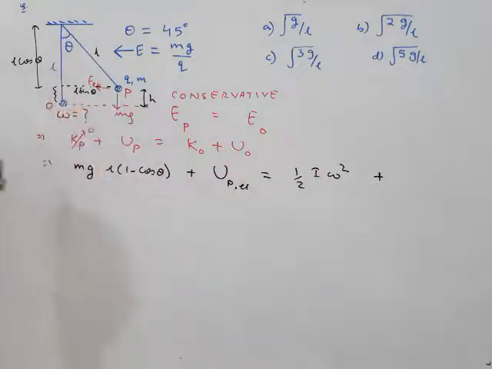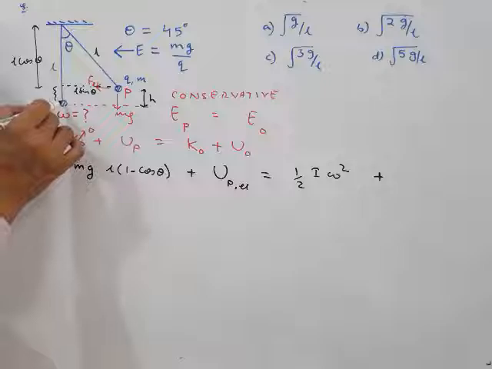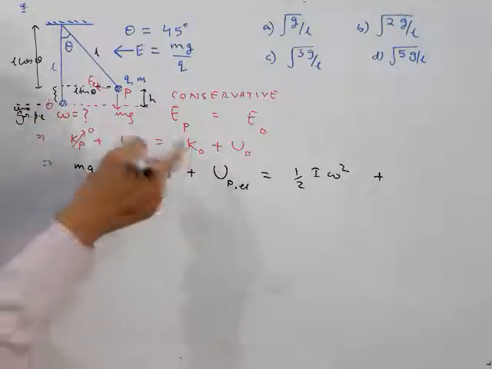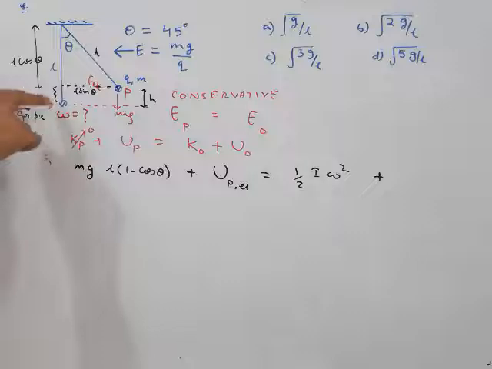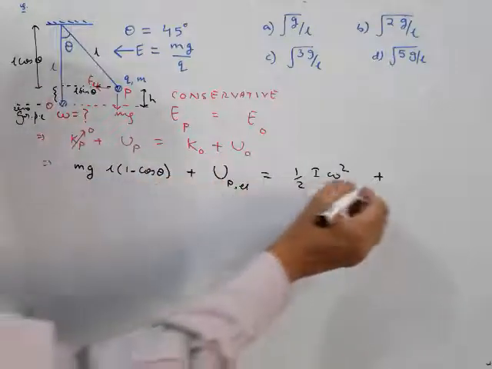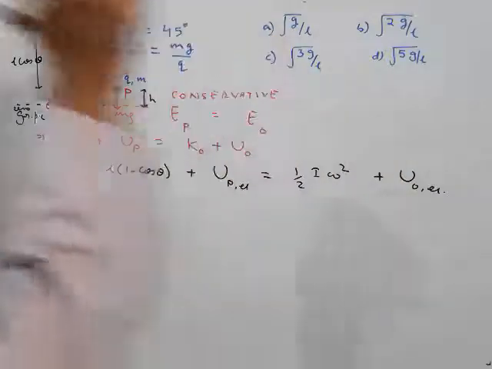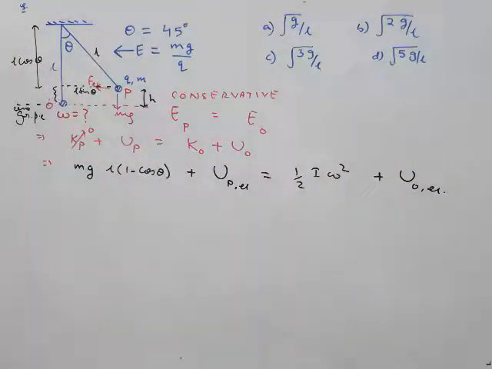Now the gravitational potential energy at O, we can take as reference to be 0. This is 0 gravitational potential energy, height is 0. So the only potential energy here at this point is due to electrostatic forces.